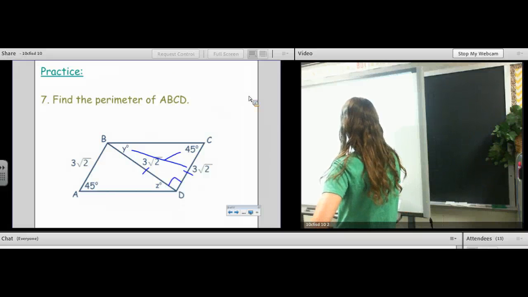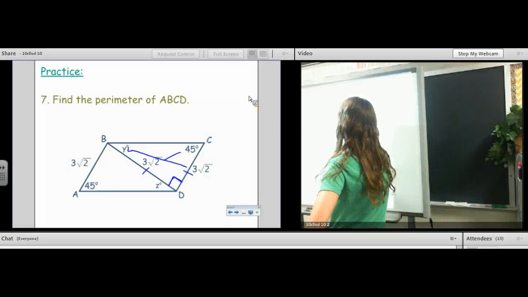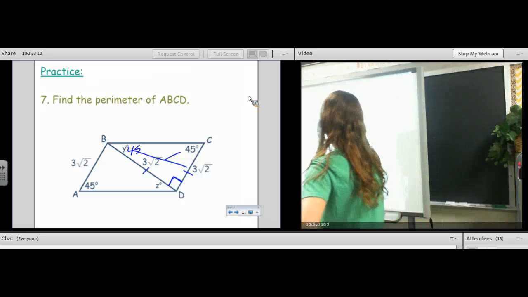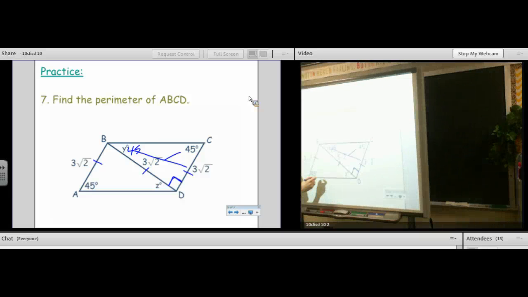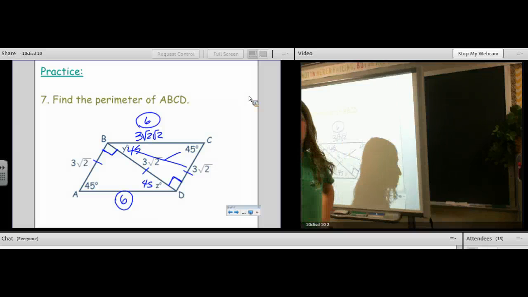So that's got to be my 90. 3 root 2, 3 root 2. So that's got to be my 45, and that's got to be my 90. All right? 3 root 2 times root 2 is 6. This is a parallelogram, which we're going to learn about later, so that's also 6. So what's the perimeter?